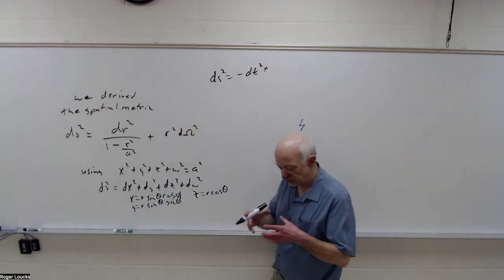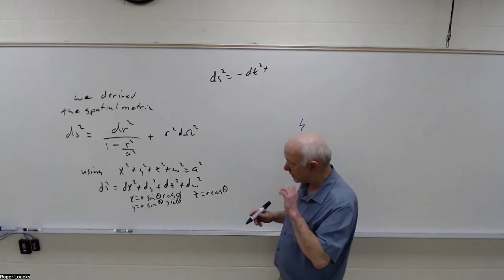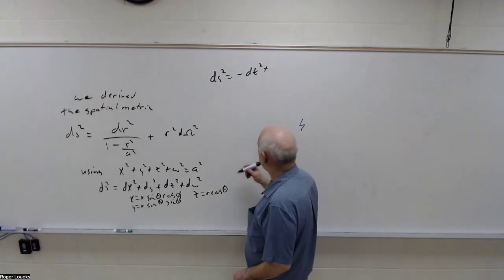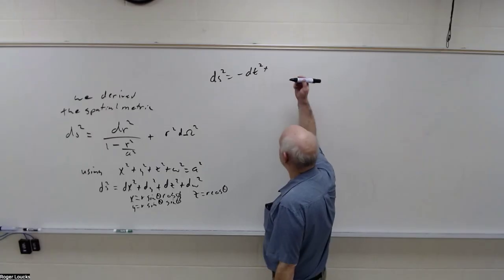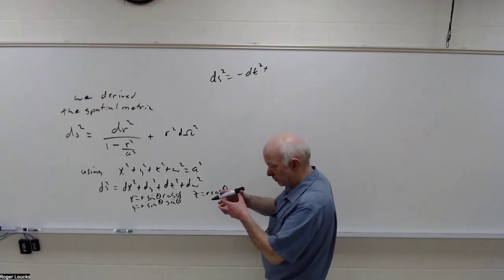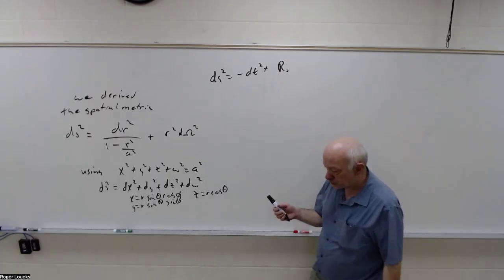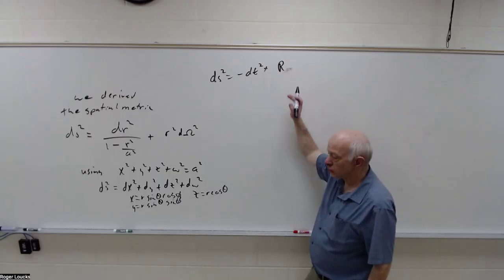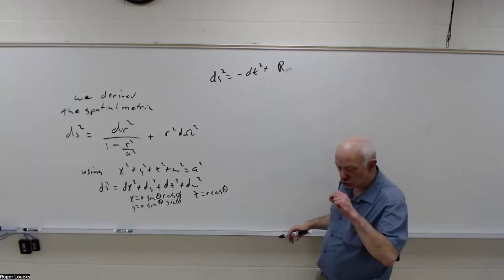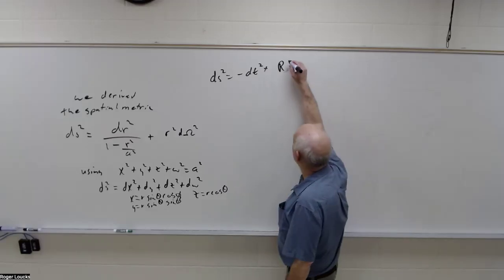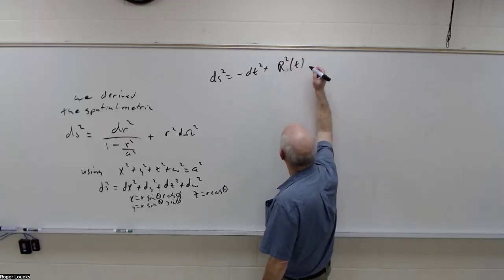And the universe is expanding. So the way we're going to expand this is we're going to put in some parameter to indicate that the universe is expanding. Using the notation that Sean Carroll uses, he calls this capital R squared, some function of t.